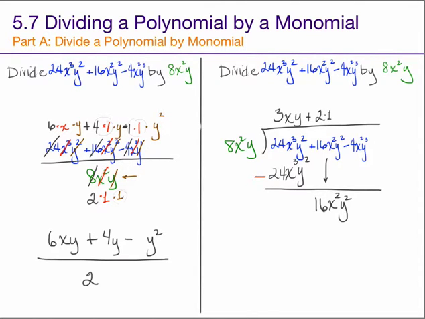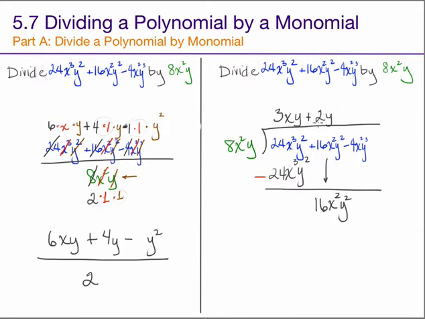Well, 2 times 1 is 2, so I don't need to write times 1. Now the y's. What do I need to multiply by y to get y squared? Y, because y times y is y squared.